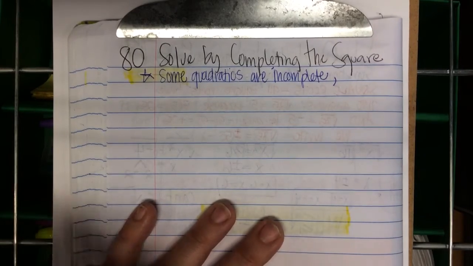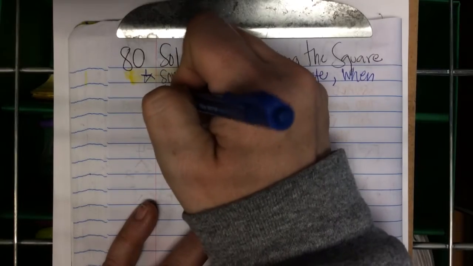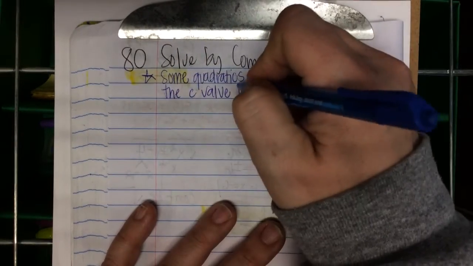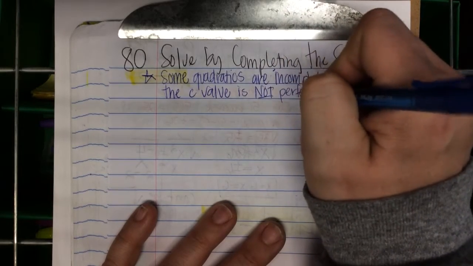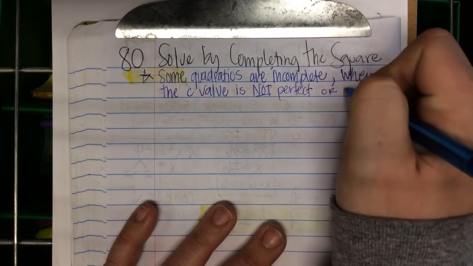We say it's incomplete when the C value is not perfect or it's missing.